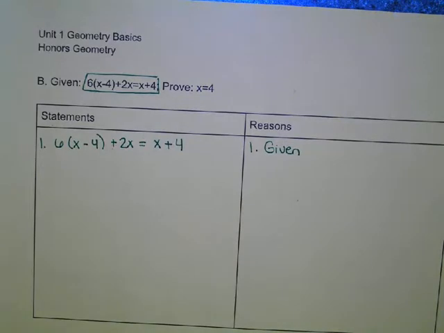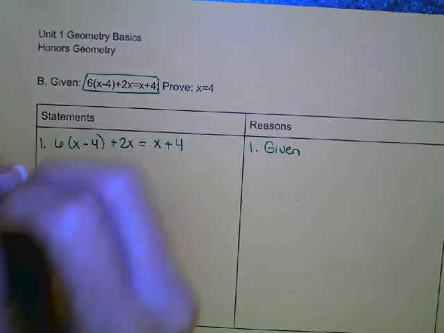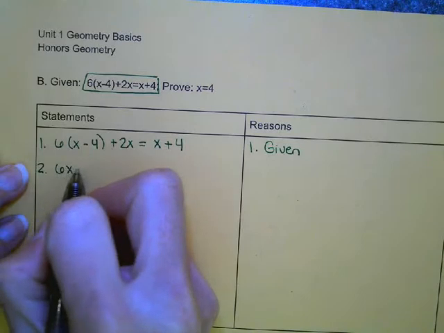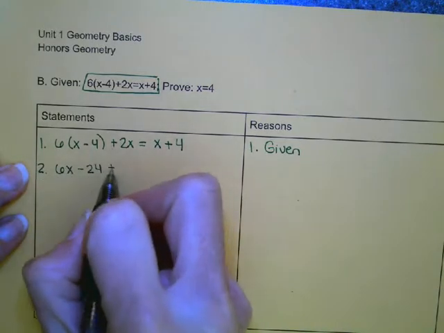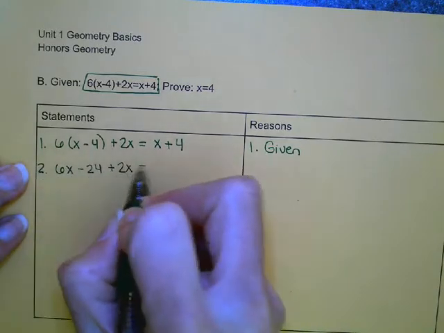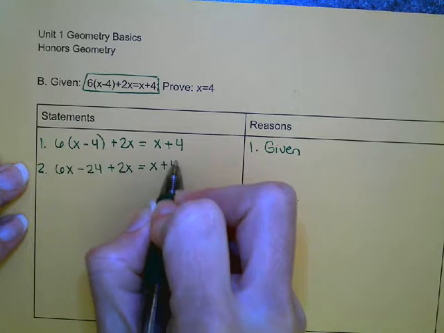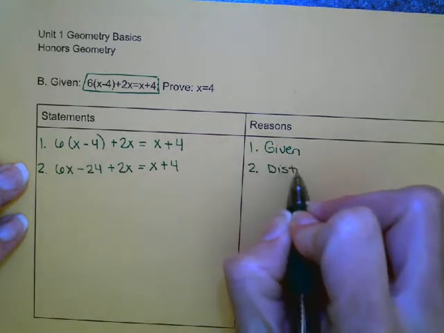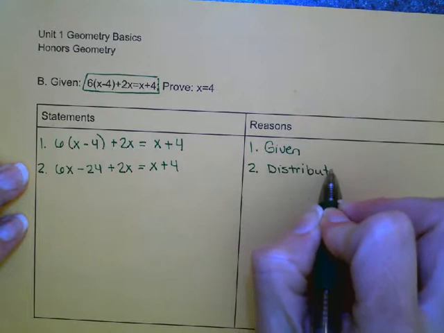You just need to justify on the right-hand side what you did on that step. All of us should, though, start this one off with distributing to get rid of our parentheses. So you get 6x minus 24 plus 2x equals x plus 4. It's called distributive property.